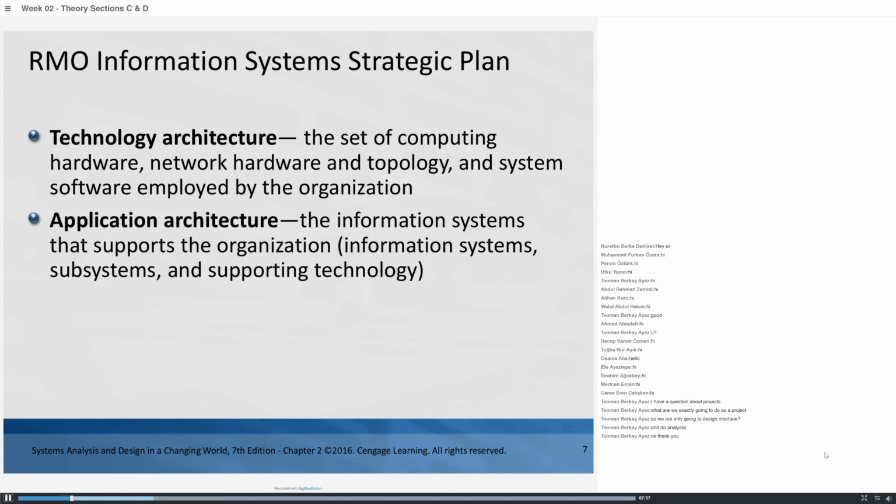Before going deeper, let's talk about some terminology. What is a technology architecture?